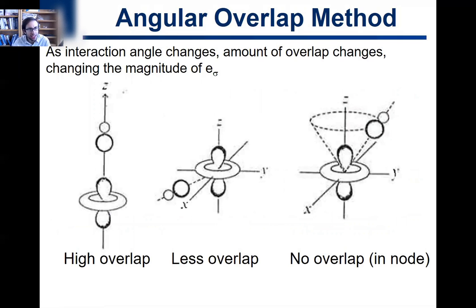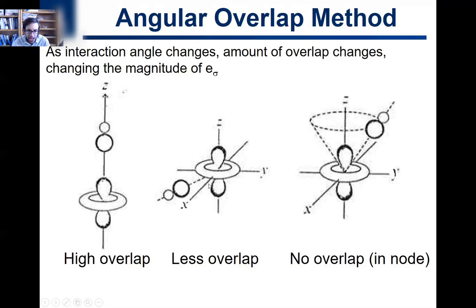The whole idea here is that as your interaction angle changes, the amount of overlap is going to change, and that's going to change the magnitude of E sigma. If you have direct, this is your ligand, this is your metal, in this orientation you have very good overlap, and so that's going to give a high value of E sigma.